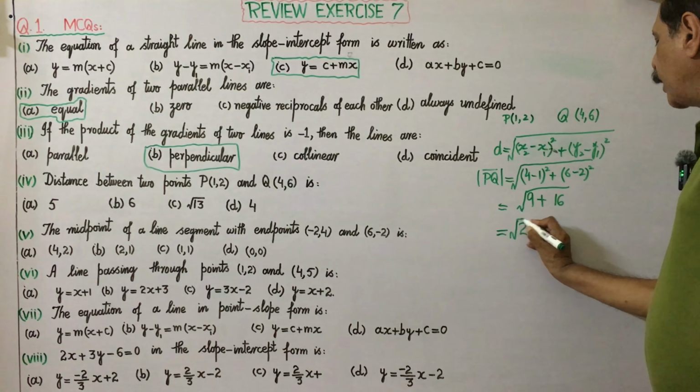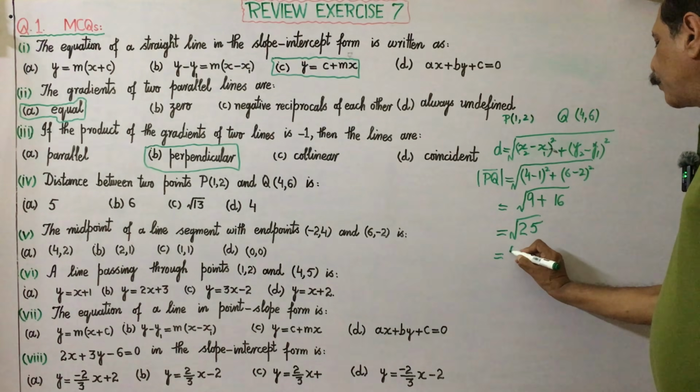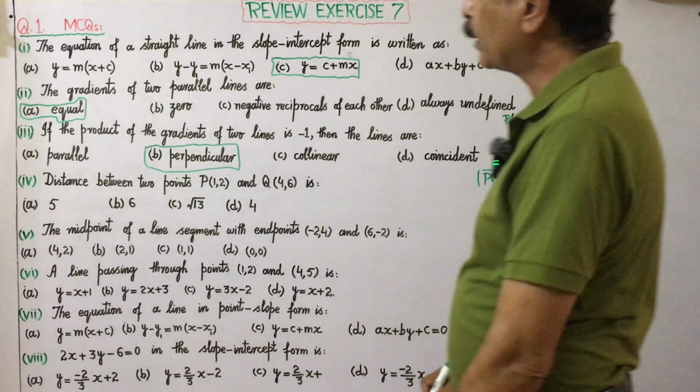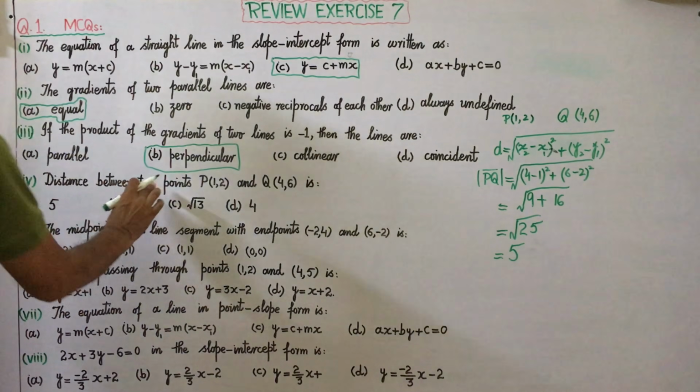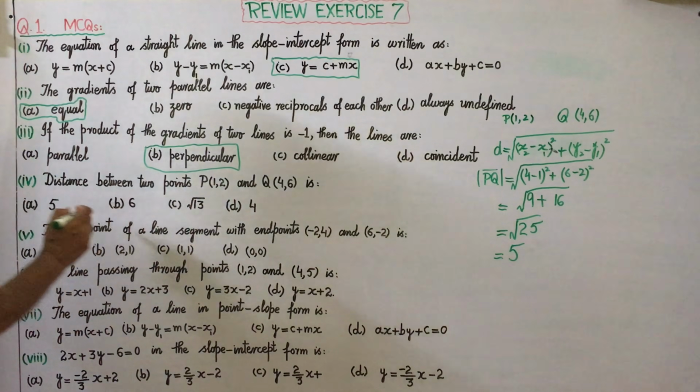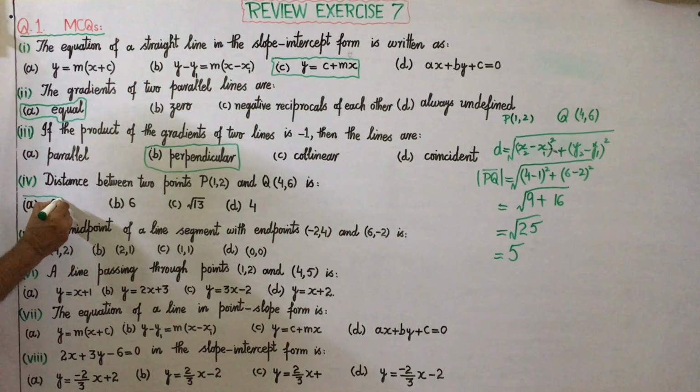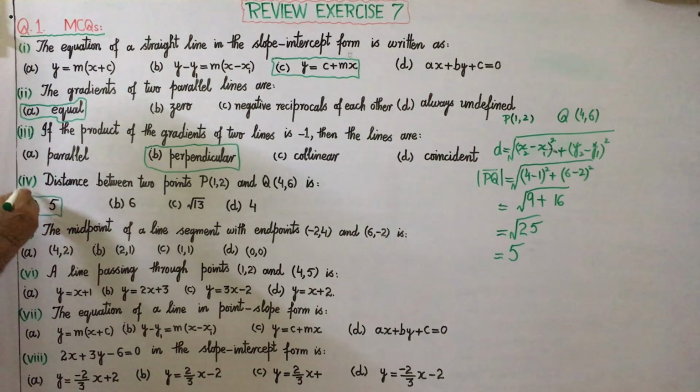And the square root of 25 is equal to 5. So which option is correct? Distance between 2 points P and Q is 5. We will select A option.